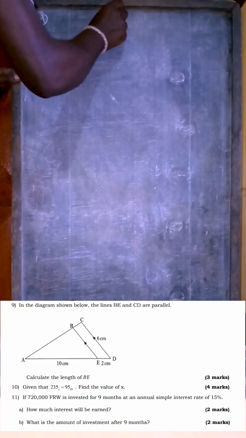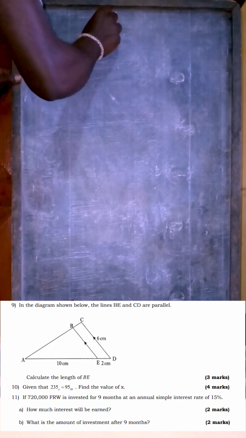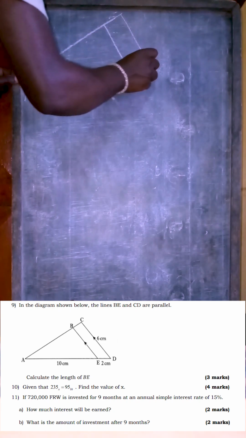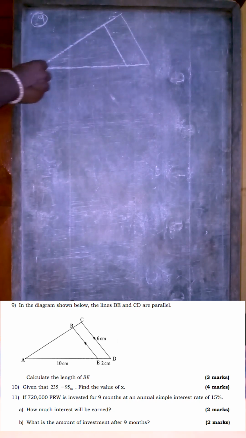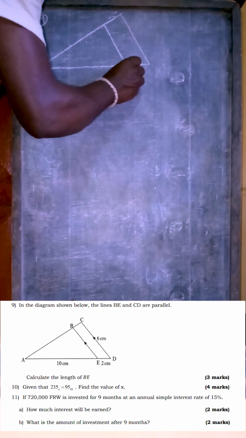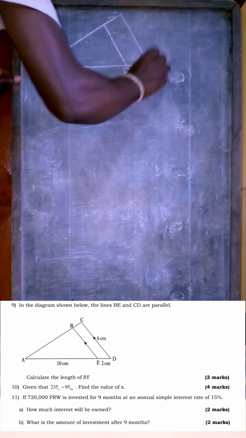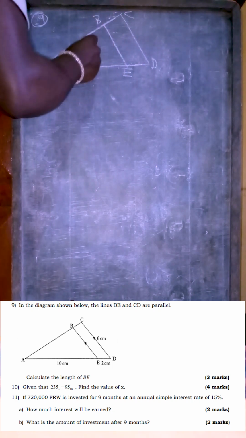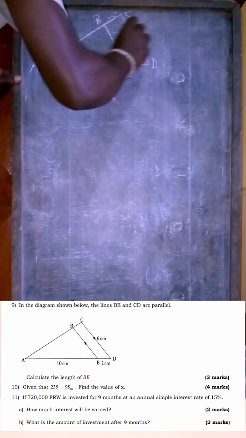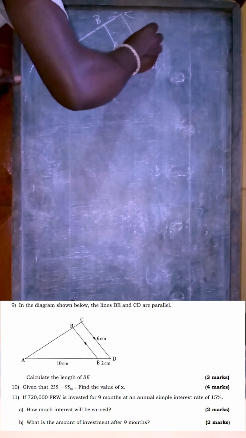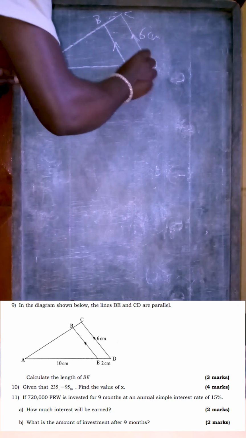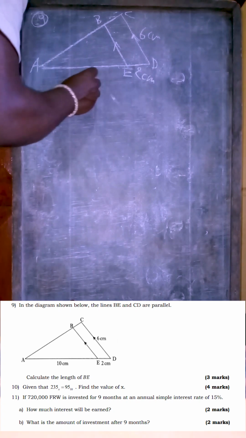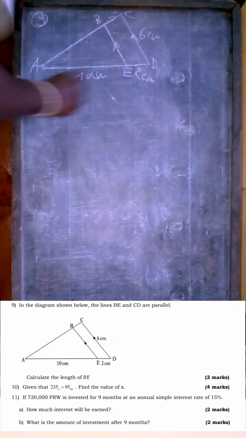We have the diagram like this. This is the diagram we have. Here we have A, E, B, C, D, and here 6 centimeters, 2 centimeters, and 10 centimeters.